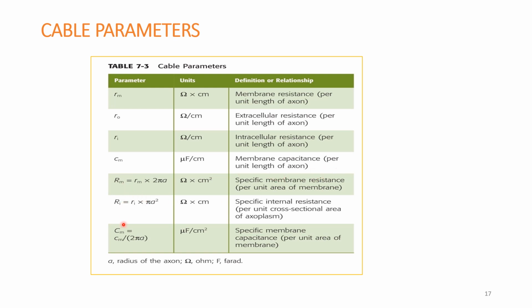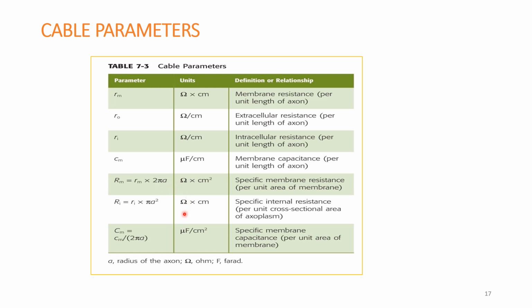Now coming to capital letters. Capital Rm is the specific membrane resistance per unit area of the membrane. That is given by the equation small rm, the membrane resistance per unit length, into 2 into pi into small a.